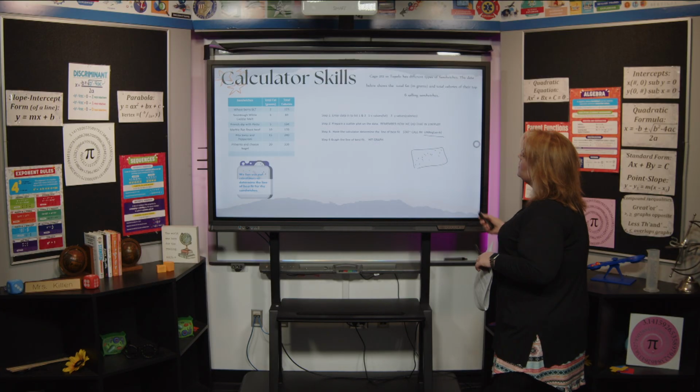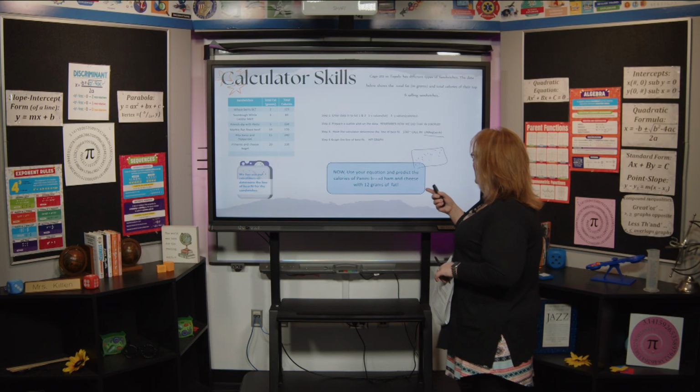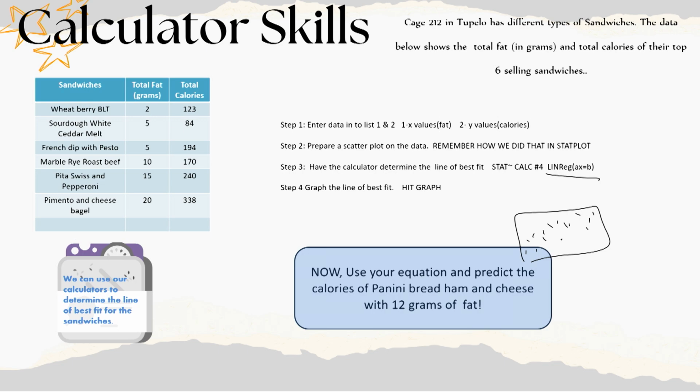So let's see. Now you use your equation to predict the calories of the peony bread, ham and cheese with 12 grams of fat. So you put this into your calculator and you've got your line of best fit's equation, and that would be, let me write it up here.